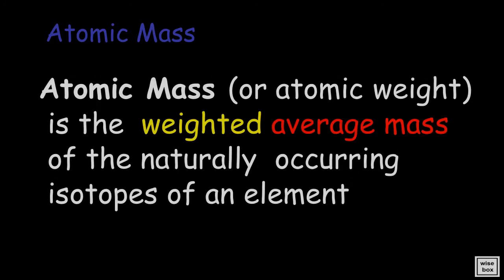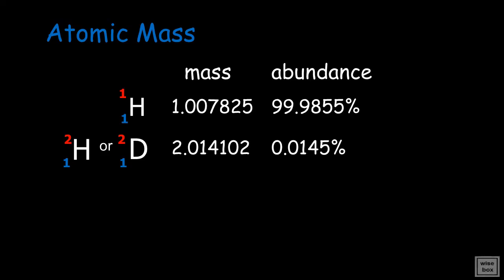Atomic mass, or atomic weight, is the weighted average mass of the naturally occurring isotopes of an element. The isotopes of hydrogen have different mass and abundance.